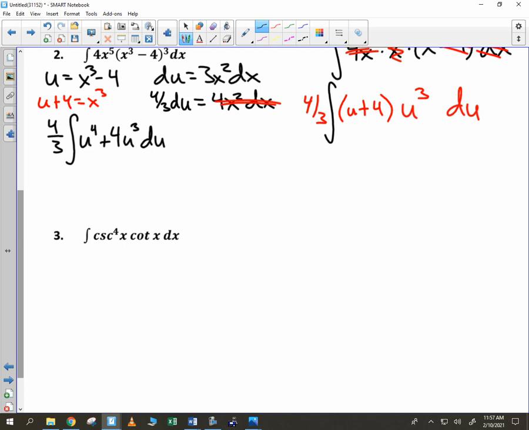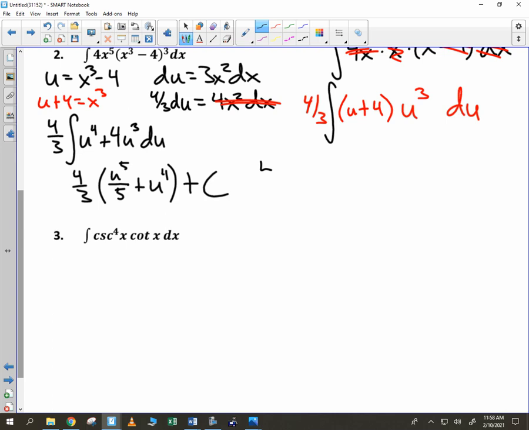Here we go. Let's take the antiderivative. I got 4/3 times u to the 5th over 5 plus what? u to the 4th. At this point, I'm going to plug u back in.